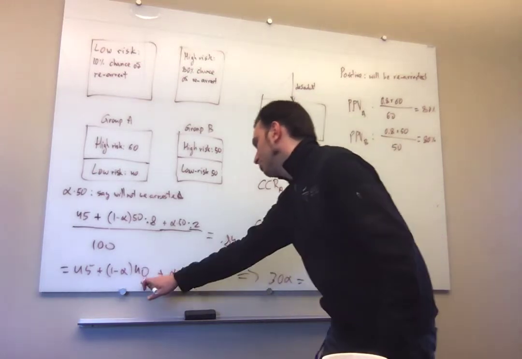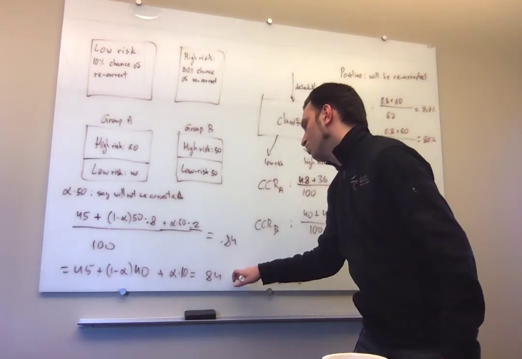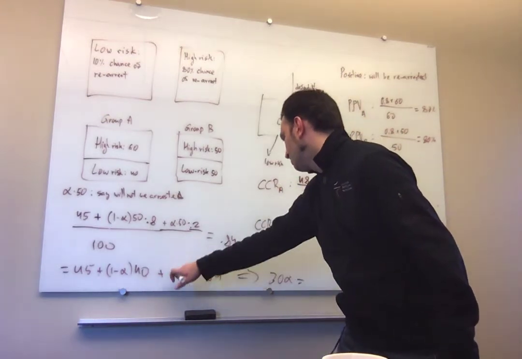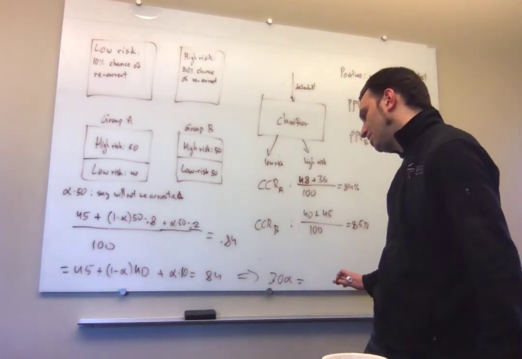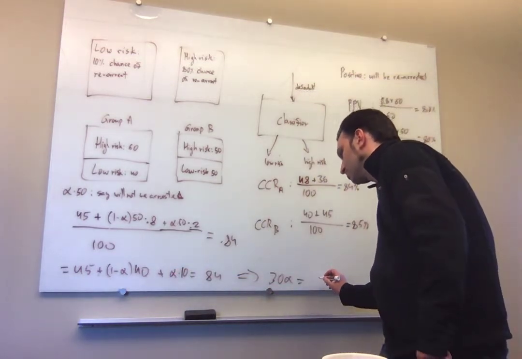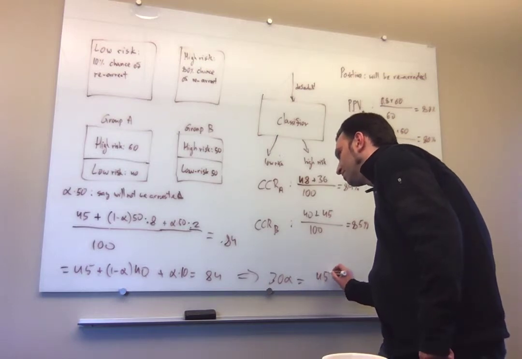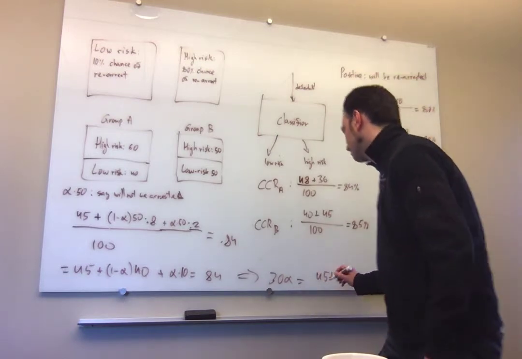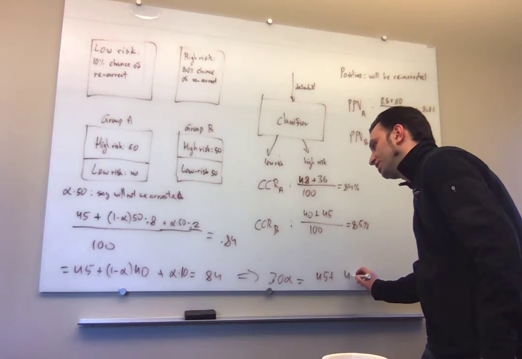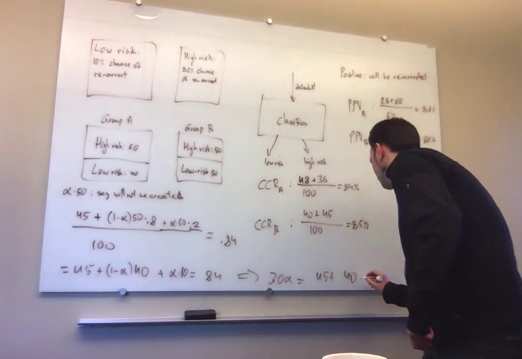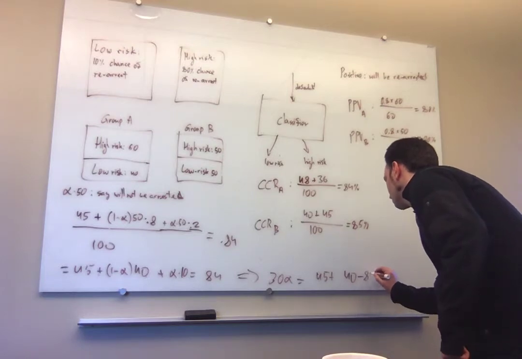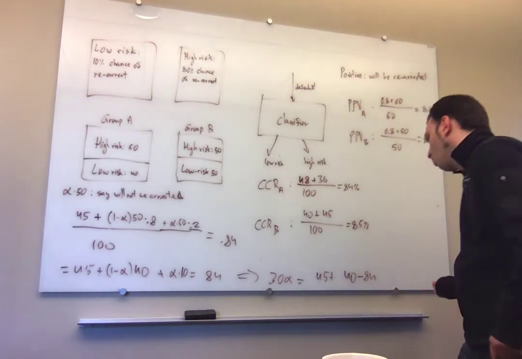So 30 alpha is going to go over here, and 84 is going to go over there. So that's going to be 45 plus 40 minus 84, which works out to 1.